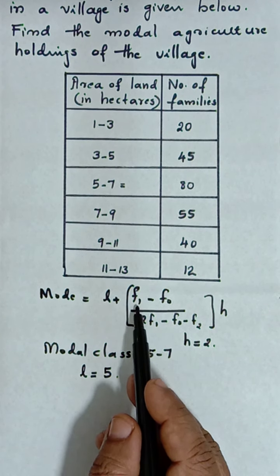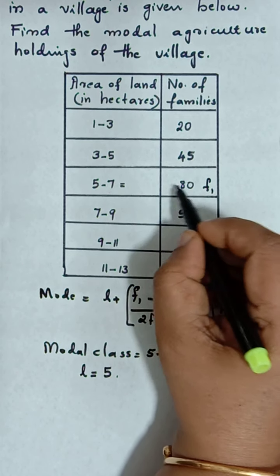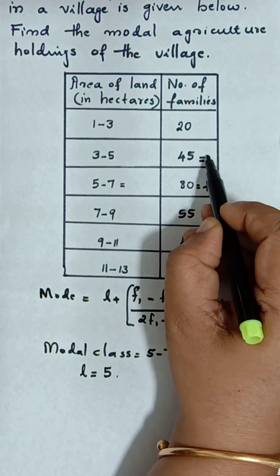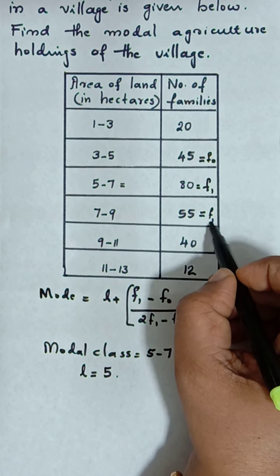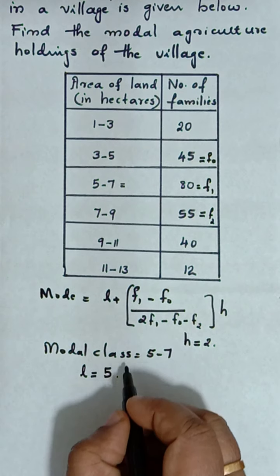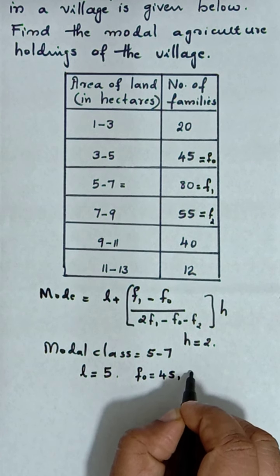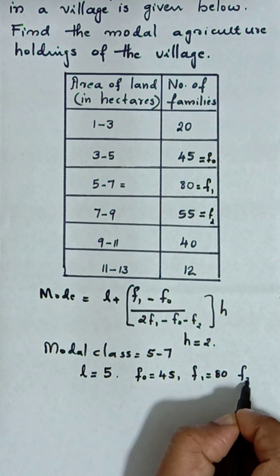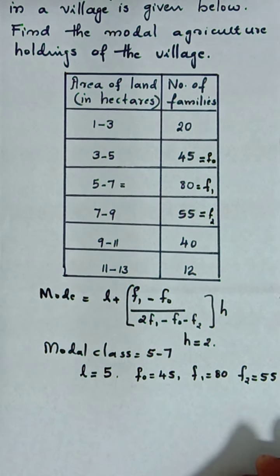Its frequency is called F1. So the modal class frequency is F1, the previous one is F0, and the succeeding one is F2. So 0, 1, 2, it will come in that order. F0 is 45, F1 is equal to 80, F2 is equal to 55. This is how it comes.